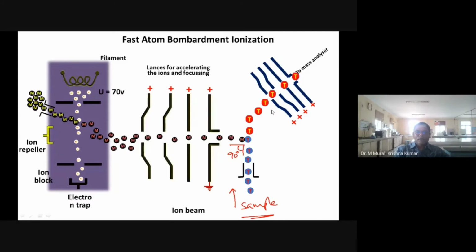Here also we have the same kind of requirements, like the sample is injected via heat, vapor, or gas. So here also we have the same advantages and disadvantages as EI.